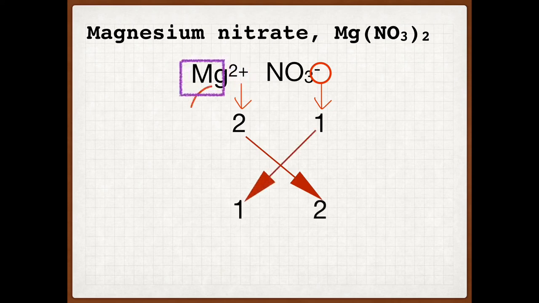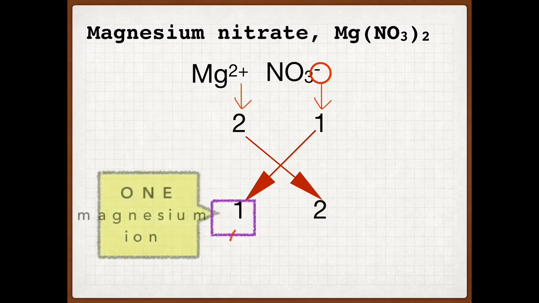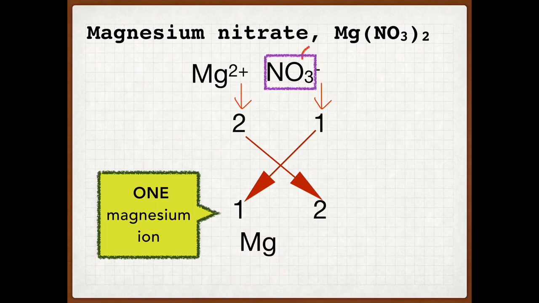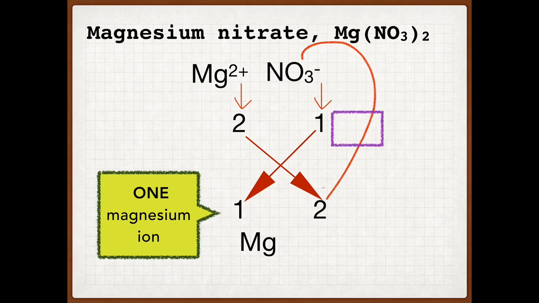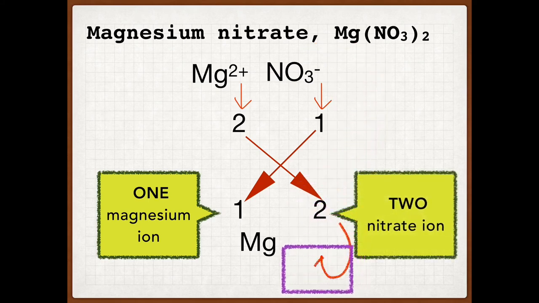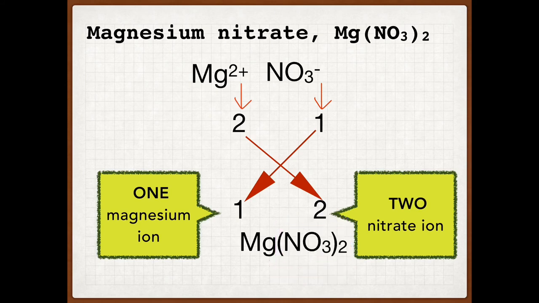How many magnesium ion involved? Yes, it is 1 magnesium ion. How about nitrate ion? It is 2 nitrate ion involved. Do we need to write a bracket? Yes, because nitrate ion has more than one element.